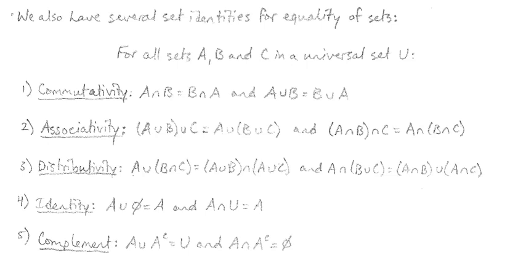Three, the distributive property for sets. Very similar to the distributive property for the disjunction and the conjunction. A union (B intersect C) is equal to (A union B) intersect (A union C). And similarly, A intersect (B union C) is (A intersect B) union (A intersect C).